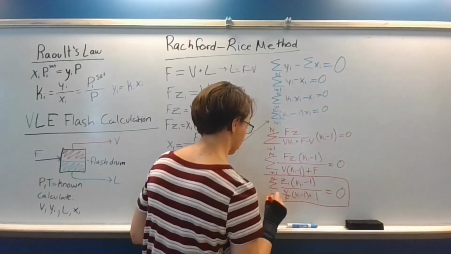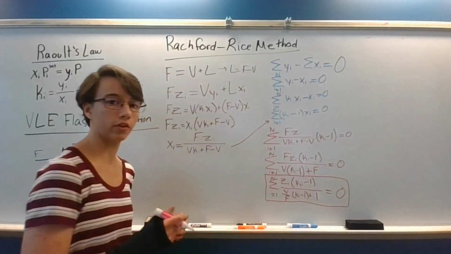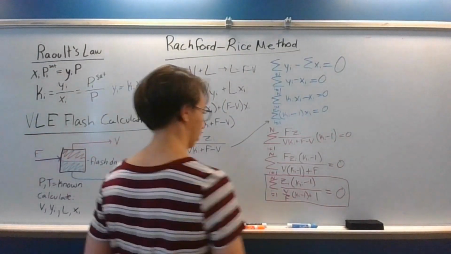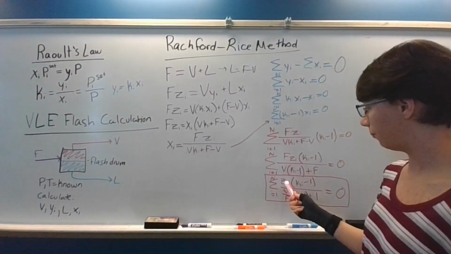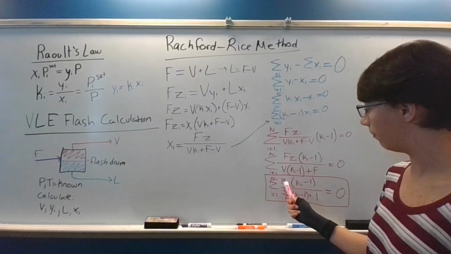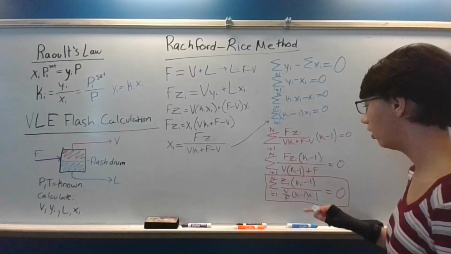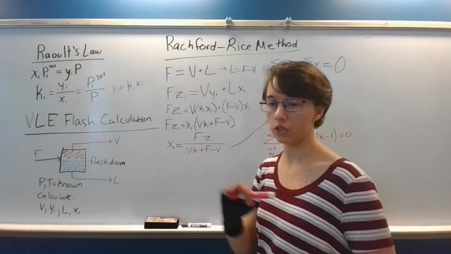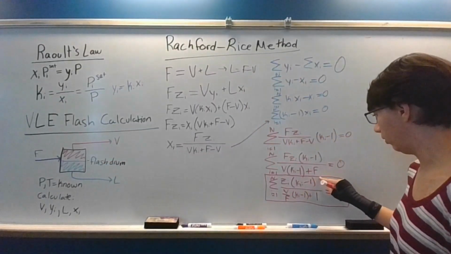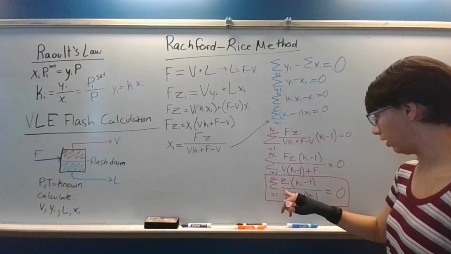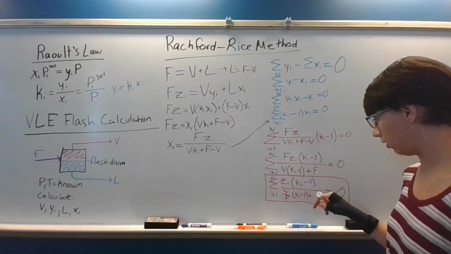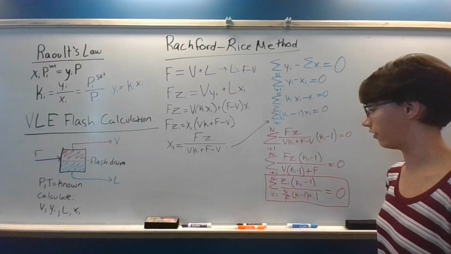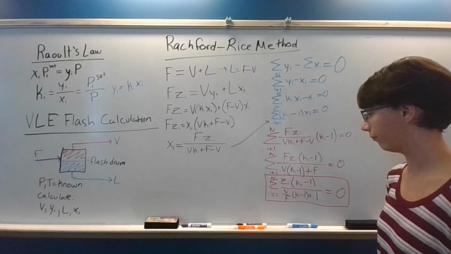So this is the equation that we're going to use for this Rachford-Rice method, because you'll notice we know the composition coming in, and we know Ki because we know the pressure and the temperature. Well, 1 is a constant, and again we know this Ki, we know the feed, and so we're only solving for this vapor right here.